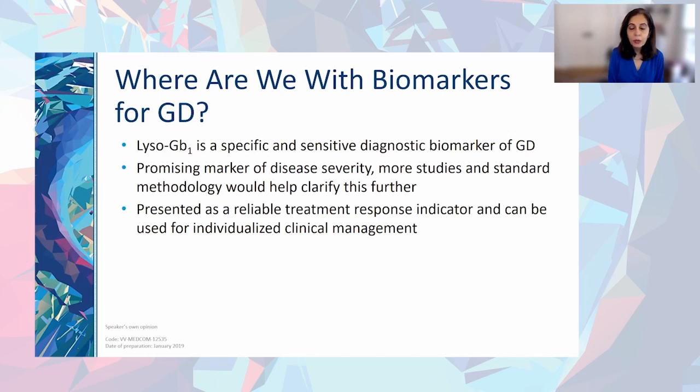It's a sensitive biomarker of Gaucher disease. It's a promising marker of disease severity. For monitoring treatment response, of course, we need more studies, and standard methodologies would clarify this further. And in this situation, I've presented it as a reliable treatment response indicator and can be utilized for individualized clinical management.